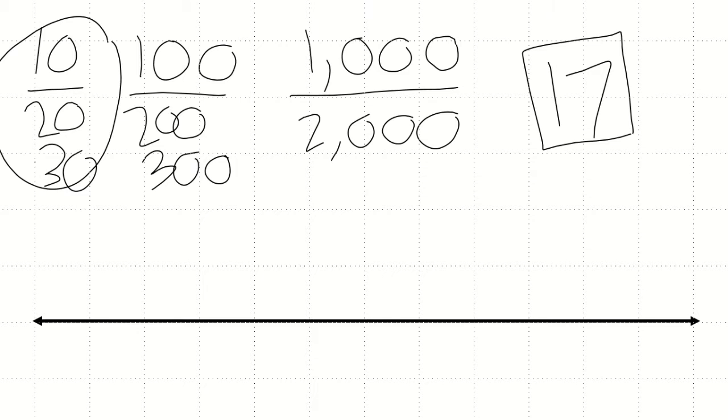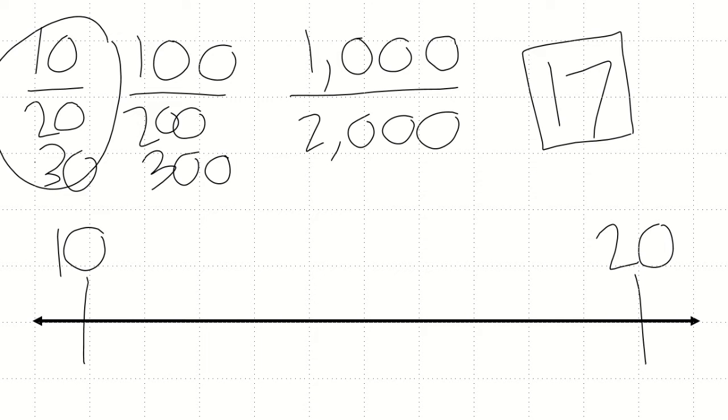Well, when I'm counting, 17 comes between 10 and 20. So I know that 17 is somewhere between these two multiples of 10. But where, and which one is it closest to?